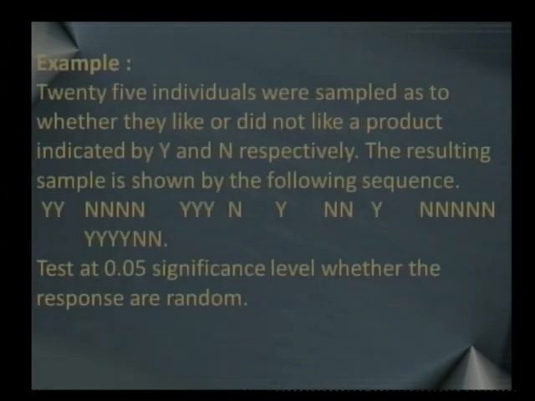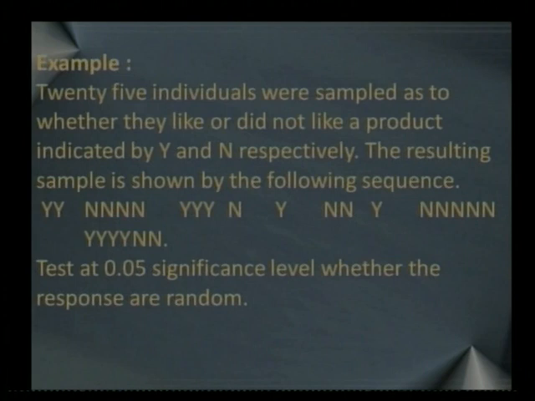Here let us take the example, which I have written. 25 individuals were sampled as to whether they like or do not like a product, indicated by Y and N respectively. The resulting sample is shown by the following sequence, Y, N, N, N, N, N, etc., which you are seeing on the screen.